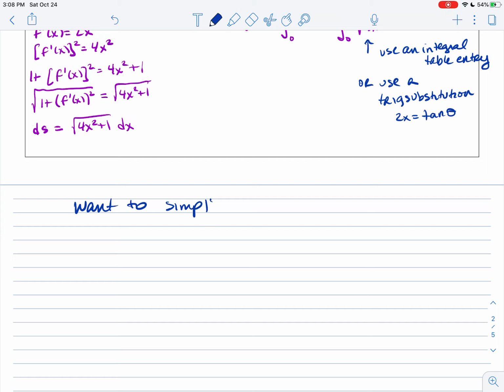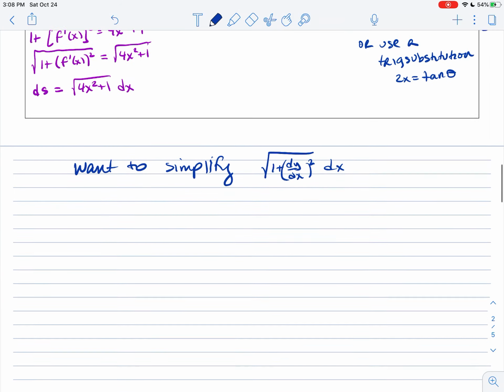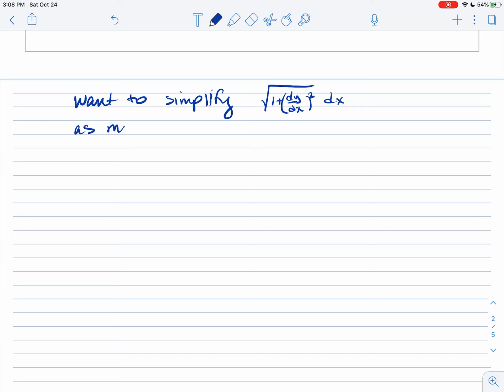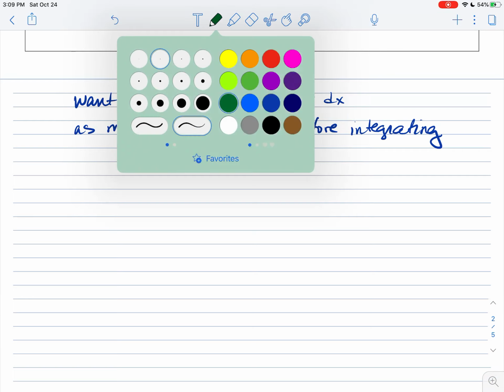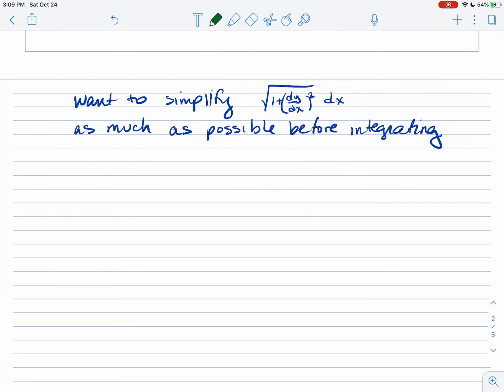You want to simplify the square root of 1 plus dy dx squared, dx, as much as possible before integrating, because that way you'll have greater success in doing that. So how would you? I usually tell my students, you'll want to make use of exponent rules.